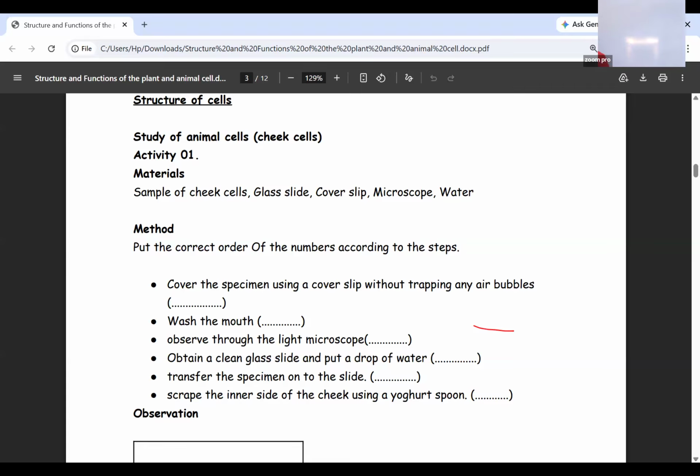Wait till I put the video. Just give me a few minutes. Just go through the textbook and read the method and try to put the numbers there according to the order, right? I'll show you the activity.